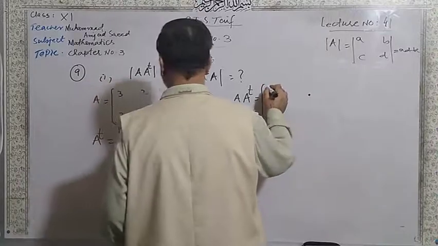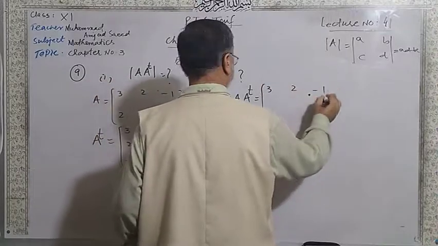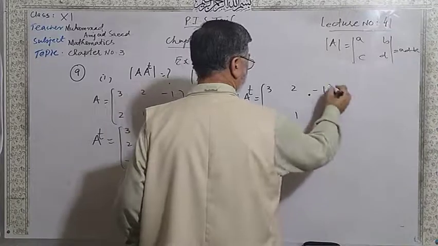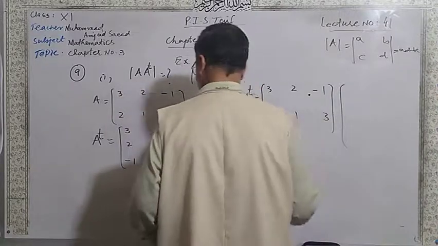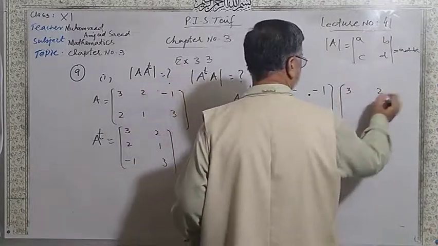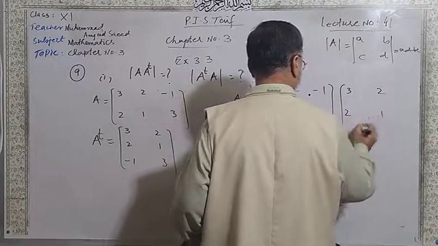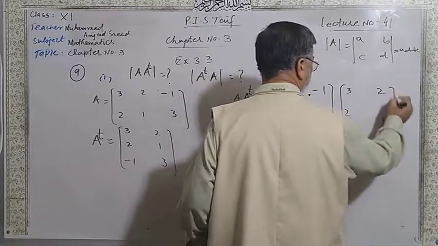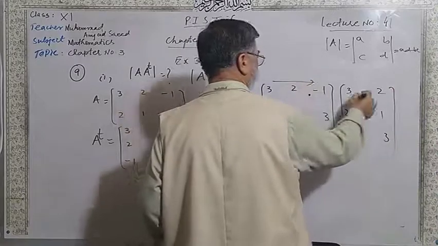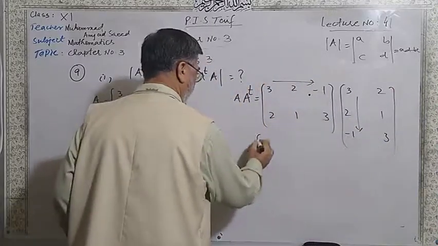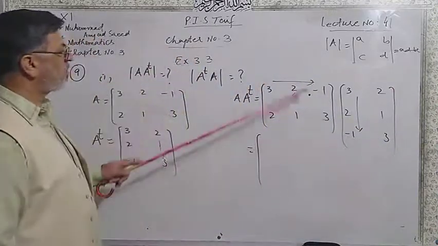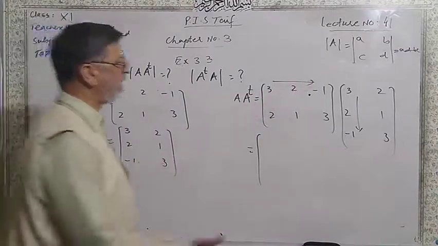What is A? 3 2 minus 1, 2 1 3, and here is 3 2 2 1 minus 1 and 3. Remember that you will apply first row, first column, first row, second column.